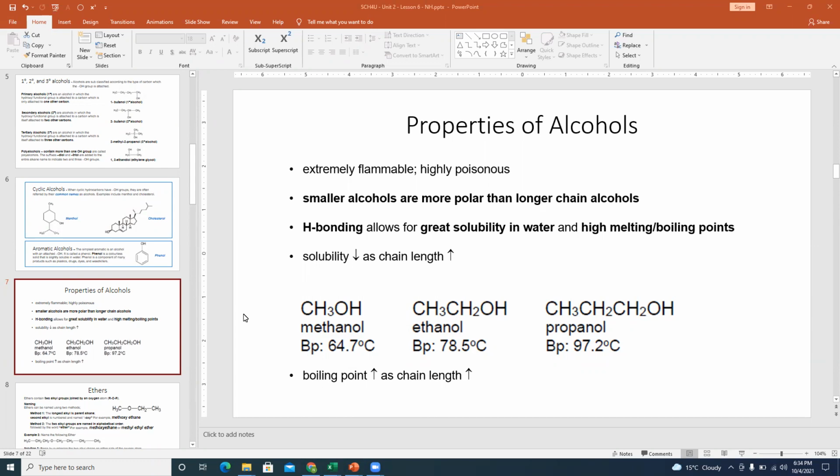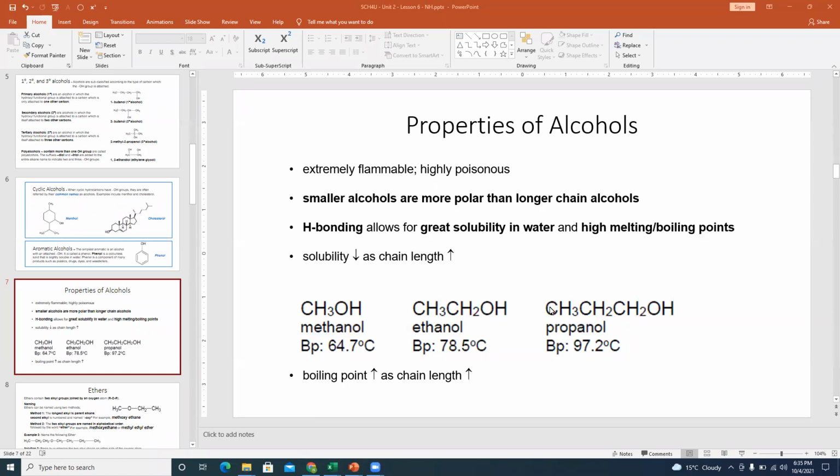And the smaller alcohols here, so methanol, is much more polar than longer chain alcohols, such as ethanol and propanol. So propanol's polarity would be lesser than methanol's degree of polarity. And that's because this electronegative oxygen over here has a greater pull on the electrons coming from this end of the molecule, whereas over here, this OH is not strong enough to pull electrons from all the way down here.